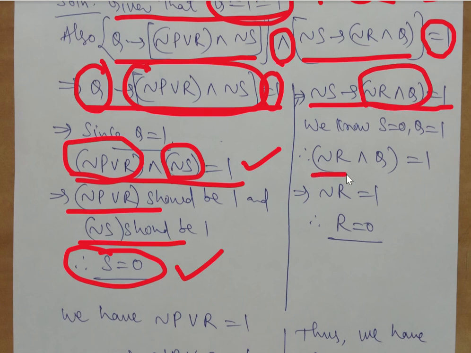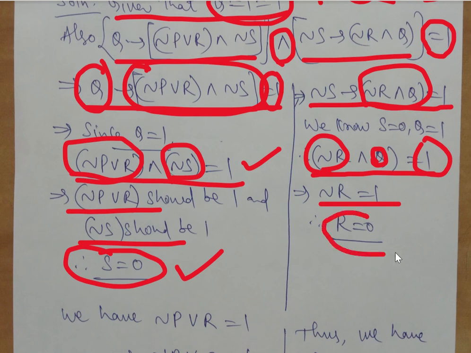So negation R or negation Q is 1. We know the value of Q. So what is the value of Q? It is 1. So this is 1 and this also should be 1 because the result should be 1. So negation R is equal to 1. When negation R is equal to 1, R should be 0. So we got the Q value, the S value, and the R value.